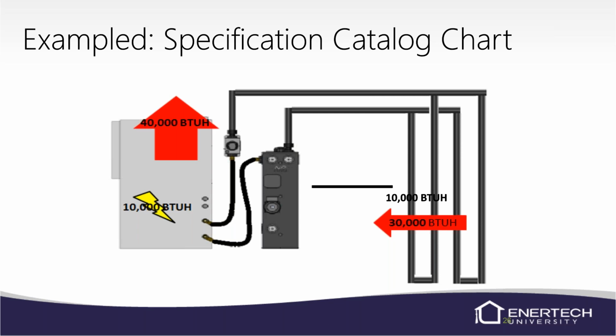And the energy delivered is the 30,000 BTUs from the loop field, plus the 10,000 BTUs from the heat of compression. So we're delivering 40,000 BTUs, and it was being generated by the 10,000. So we would take 40,000, divide that by 10,000, and in this example, we would have a 4.0 COP.